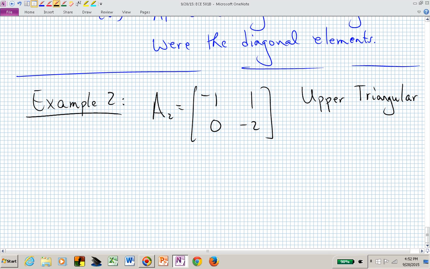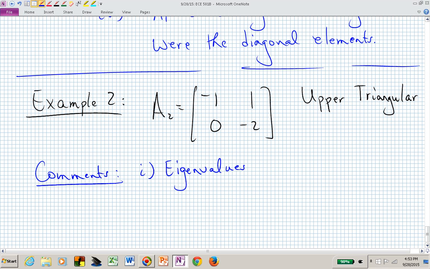This is now an upper triangular matrix. What comments can we make for this matrix? Can you tell me anything about the eigenvalues without any computation?